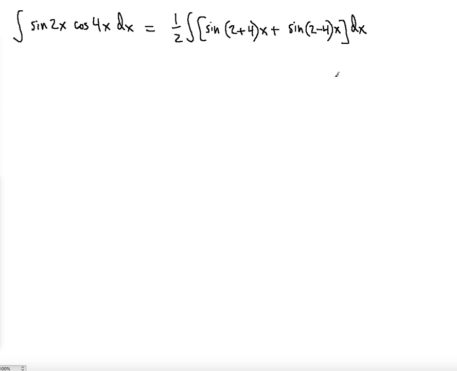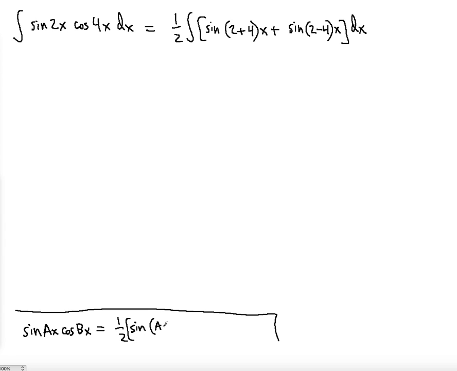Right? So basically, I'm using this identity: sine of ax cosine of bx is equal to 1/2 times sine of (a plus b)x plus sine of (a minus b)x.